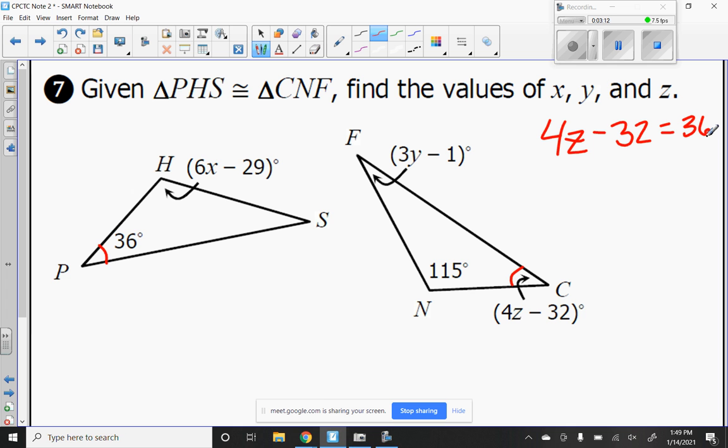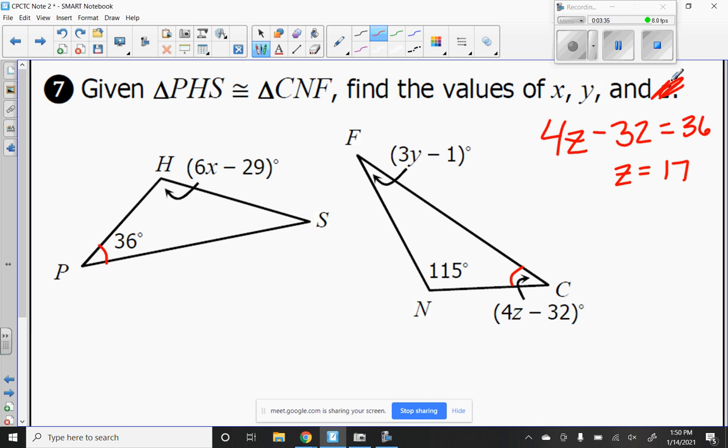Okay, I'm going to go ahead and solve for Z because I might need it to plug it in. So I'm taking that 36 plus 32, divided by 4, and get 17. So I might need it. So I'm going to have it handy just in case. Okay, so Z is done.